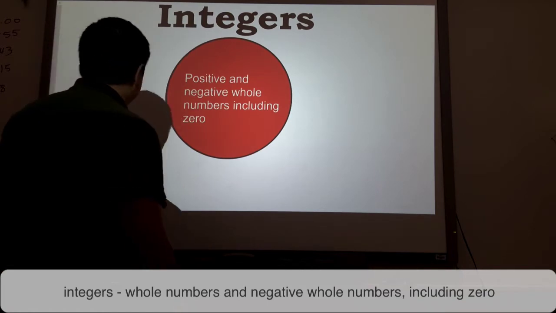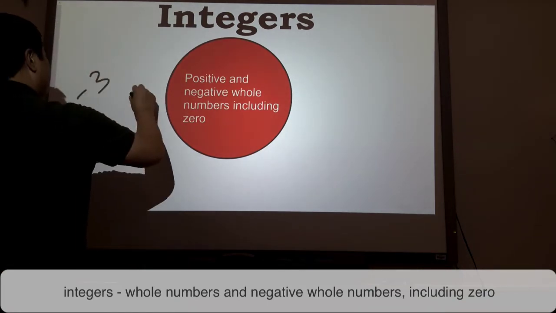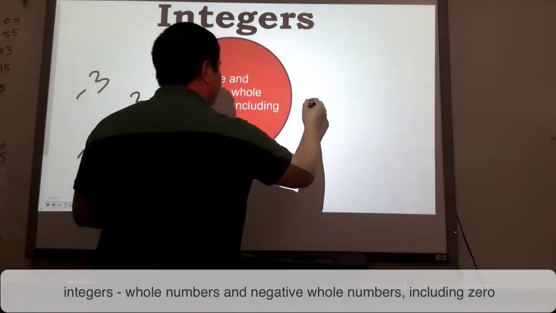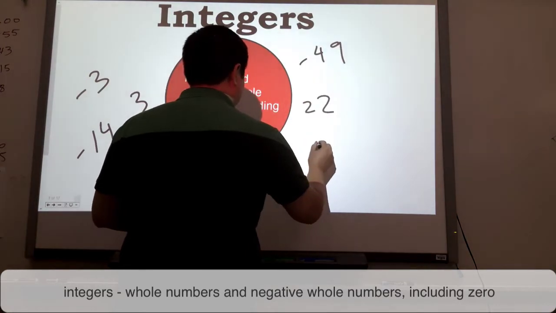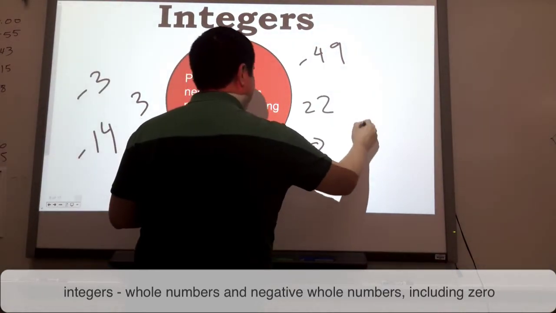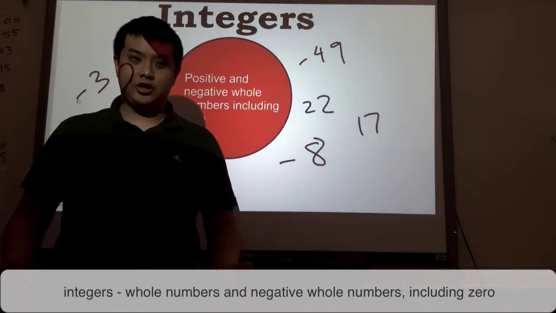So that includes negative 3, negative 14, 3, 0, 22, negative 49, negative 8, and 17, for example. Okay. All of those are integers.